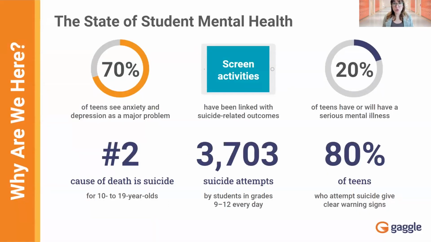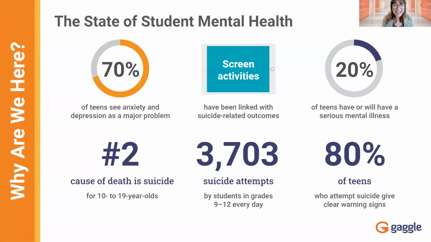If we really want to truly understand how our students are faring, we need to look beyond artificial and superficial metrics to more telling data. So on the screen, I have some stark statistics. 70% of teens report significant anxiety and depression.